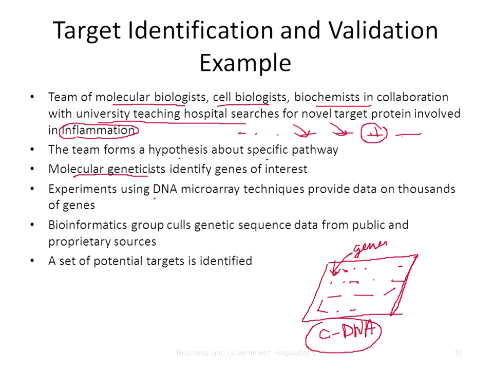You label it with a fluorescent label or a radioactive label, and then you put your sample on this gene chip. And what happens is the genes that are being expressed will light up. So you will have certain wells on the gene chip light up, and that tells you which genes are involved in that disease state. Does that make sense?